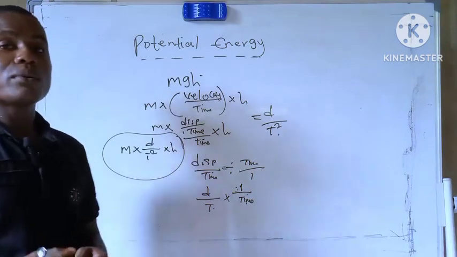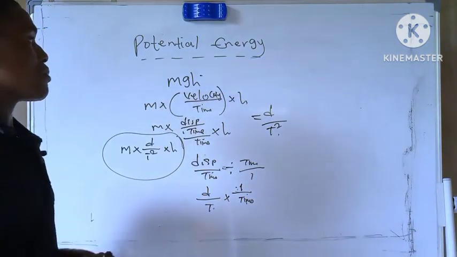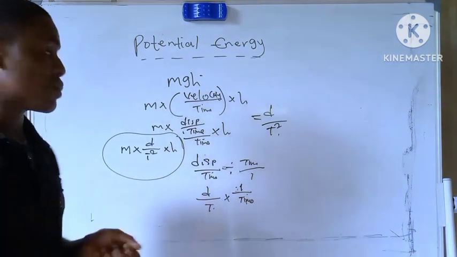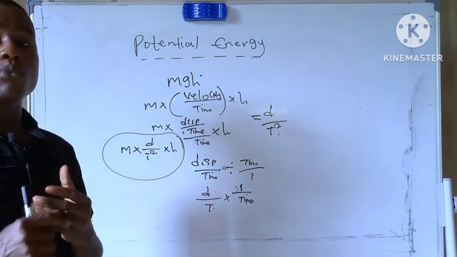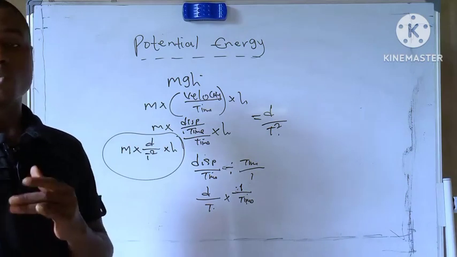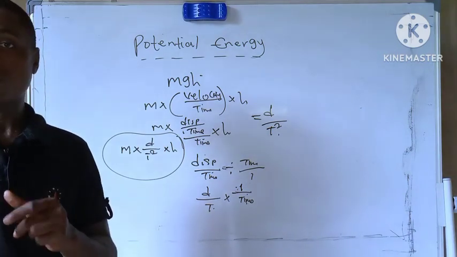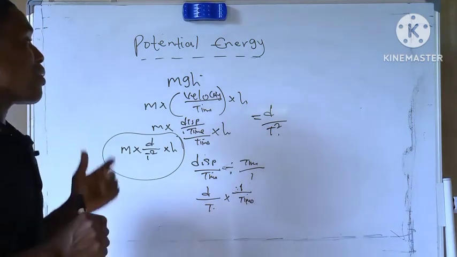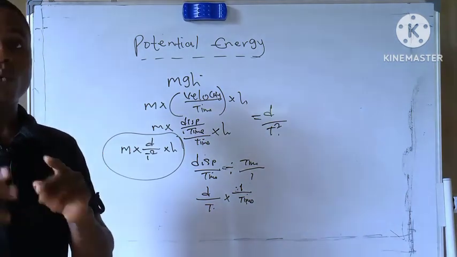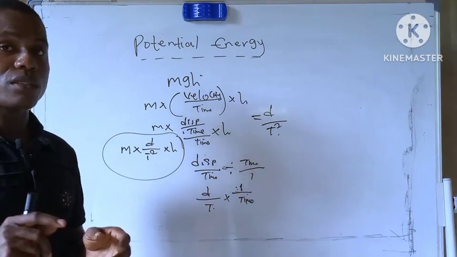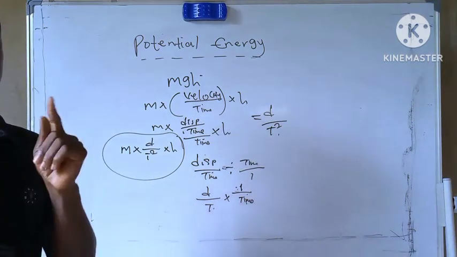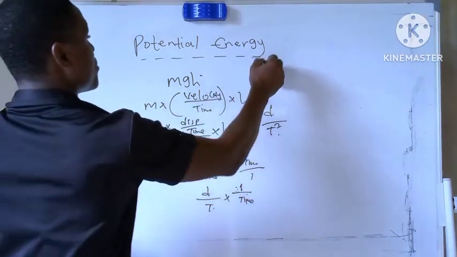So the next step is to understand something. In writing down dimensions of any physical quantity in physics, there are only approved trace quantities we are going to be using. Those approved trace quantities are length, mass, and time.